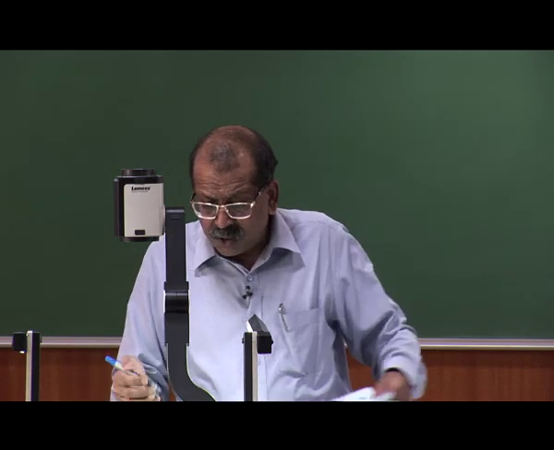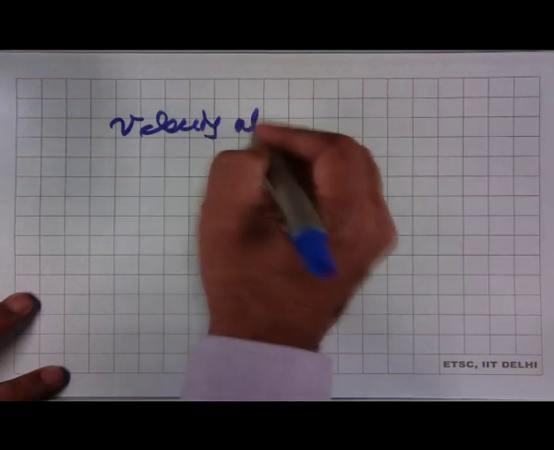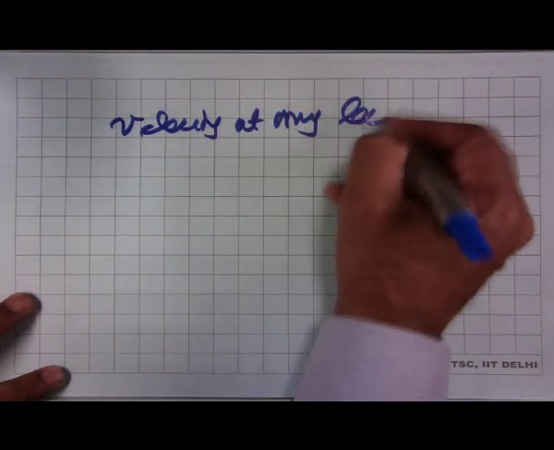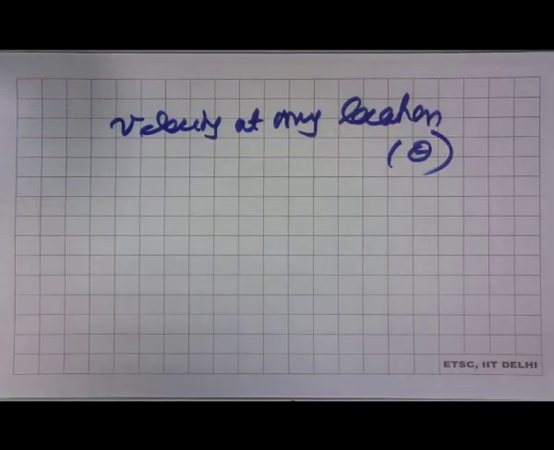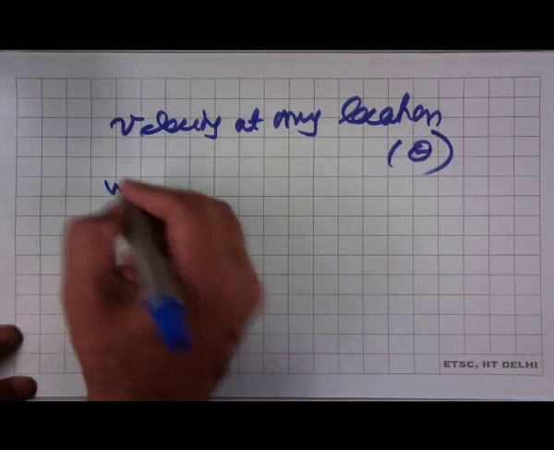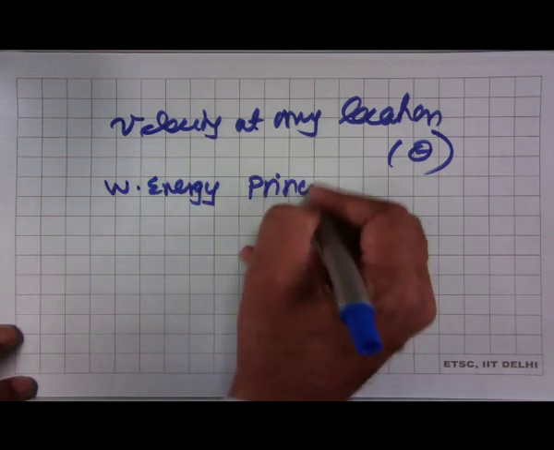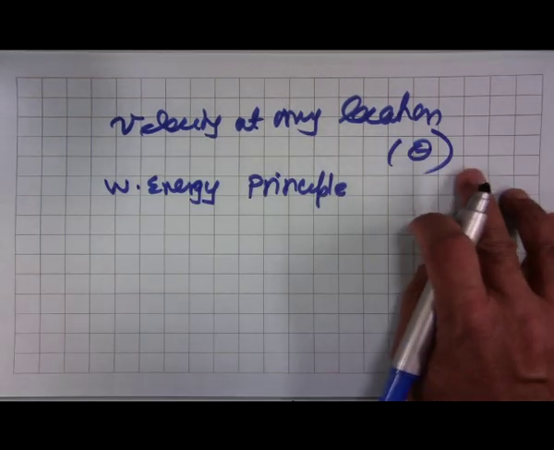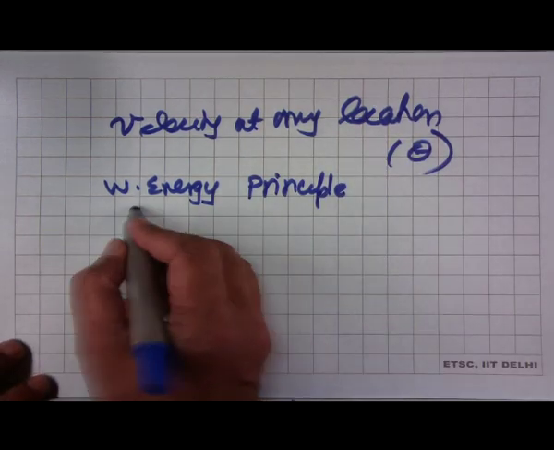But what we can do is, if we know velocity at one location, we can find the velocity at any angular location theta on the circle. How can we find this? By the work energy principle.